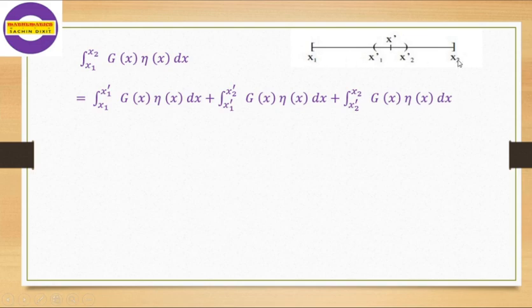That means this total interval is x1 to x2. We divide it into three parts: x1 to x1 dash, x1 dash to x2 dash, and x2 dash to x2.